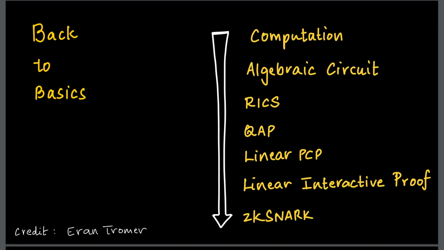Here you have the circuit, which is broken down into a constraint system. A very popular and well-known constraint system is R1CS, the rank 1 constraint system, which is here on the screen if you see. Then the constraint system is broken down into polynomials, and you run operations on those polynomials, and finally you get a ZK-SNARK, which is your proof.